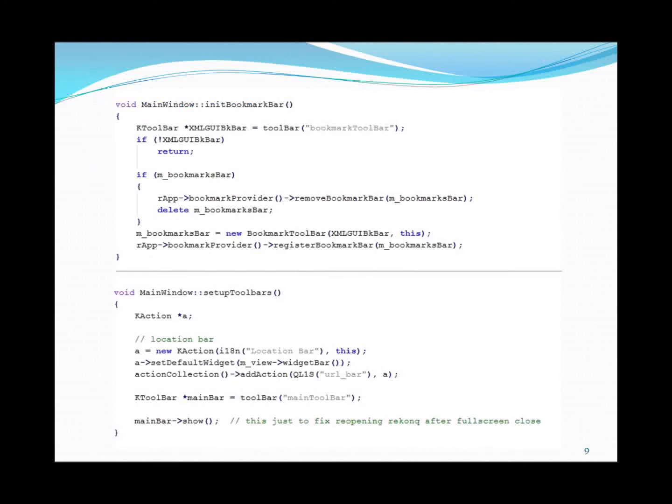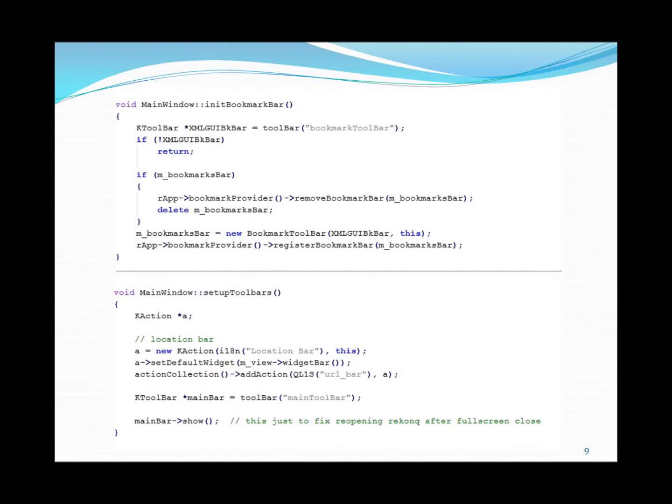in this code, as you can see in this slide, this is code in the Reconq web browser. So you can see how the inheritance property was used here. You can see the init bookmark function inherited from the main window.